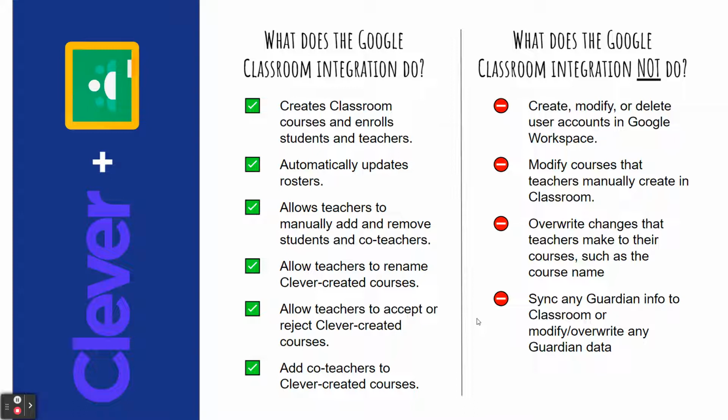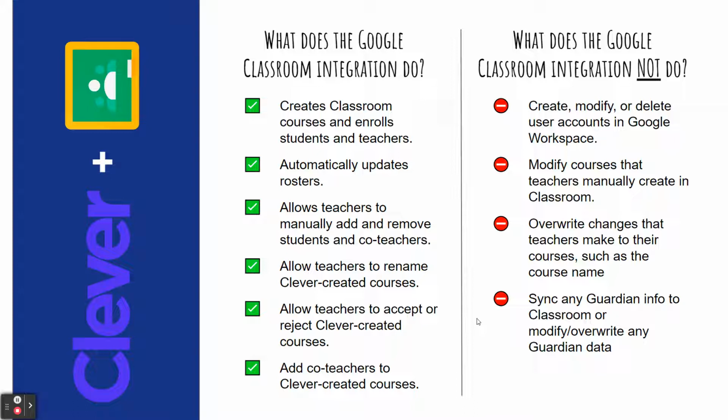It will allow teachers to rename Clever created courses. They will be named whatever it is in Teams, so you can rename them. It will allow teachers to accept or decline that Clever created course. If you choose to decline that course, you will not be able to get it back, so just understand you'll have to create it manually. It will allow you to add co-teachers.